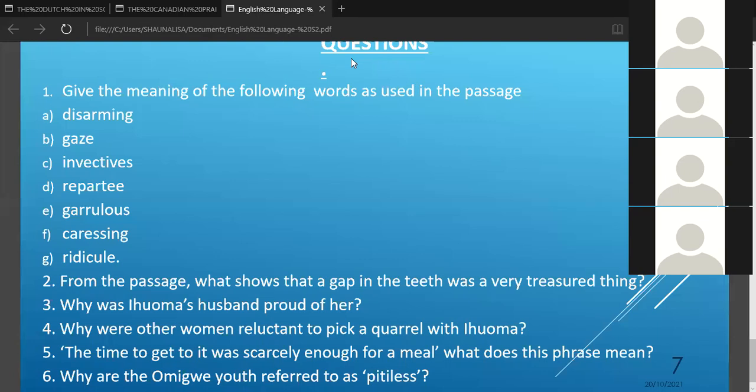Hannah, can you put the answers in the slide you're showing? Okay, let me try to annotate.